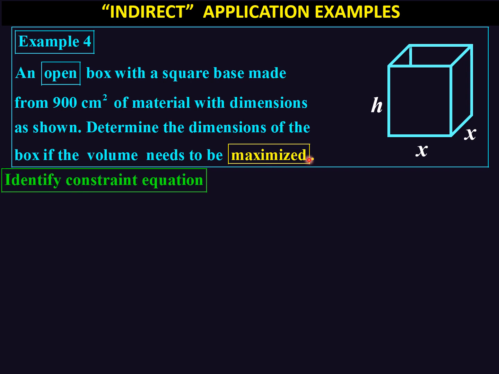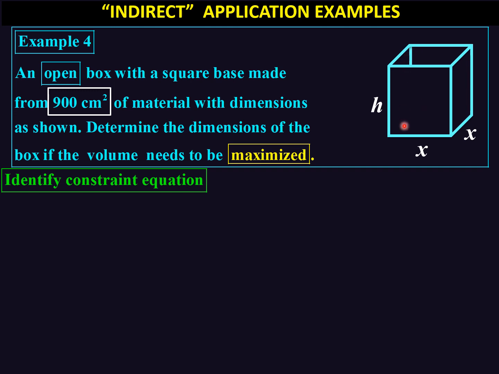So let's see. What is the constraint equation? What is given? 900 square centimeters, and that is a surface area. How many surfaces do we have for this open box? We've got a base, which is x by x, and then we have h by x, h by x, at the back also h by x, and on the left side also.